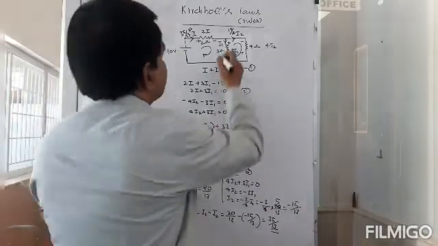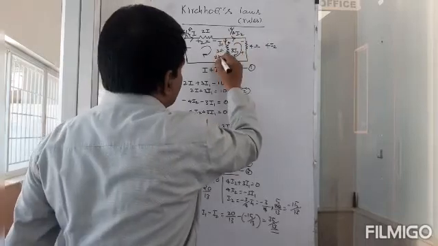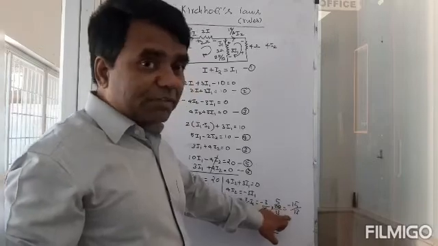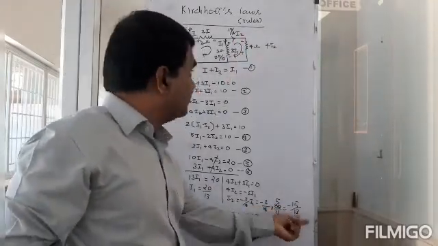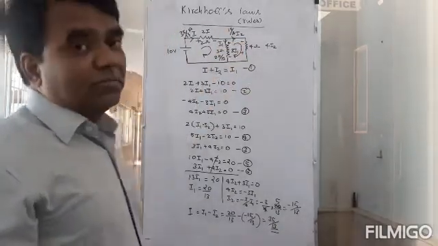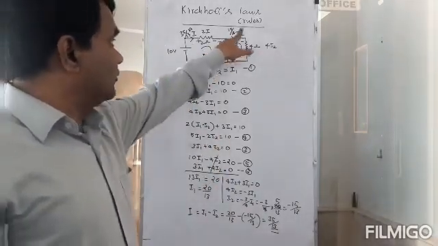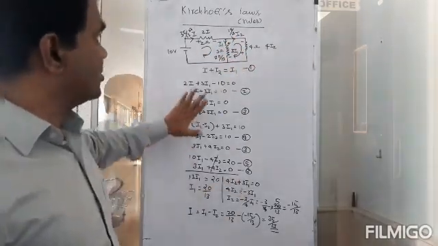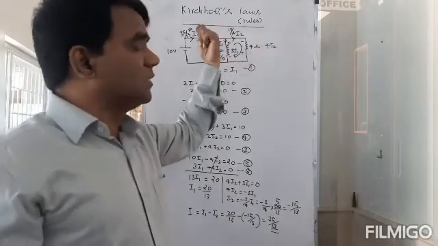Then I1 is 20 by 13. This is a positive number, so I don't have to change direction. But I2 is minus 15 by 13, so for that only I had to change the direction. So if you get a negative number, just change the assumed direction and everything else will fall in place. Even though I started with this direction, after solving the equations, I know that I2 is actually flowing in that direction, not in this direction.